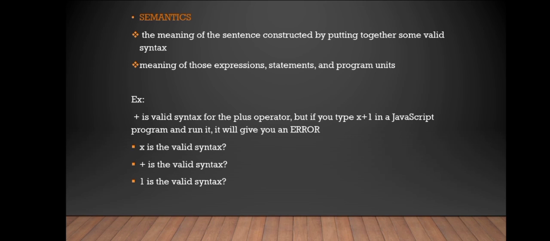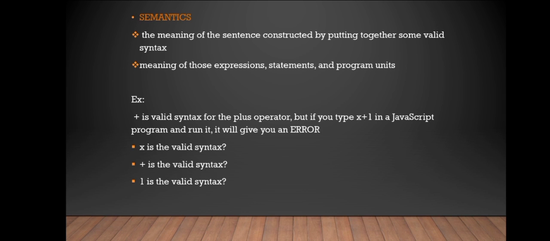Next, semantics. The meaning of the sentence constructed by putting together some valid syntax; the meaning of those expressions, statements, and program units. For example, plus is a valid syntax for the plus operator. But if you type x plus 1 in a JavaScript program and run it, it will give you an error.